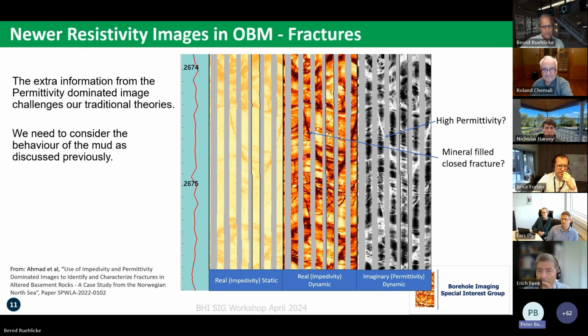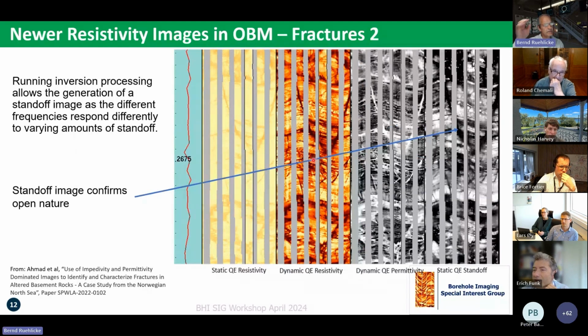And if we take it a stage further and look at doing an inversion on this data, next slide, please, Bernd. Yep, I switched already. Okay, then using the different frequencies, the fact that the frequencies respond differently to standoff, as we saw on the graph earlier, we can generate a standoff image. So the standoff image is a bit like a travel time image from an acoustic tool.